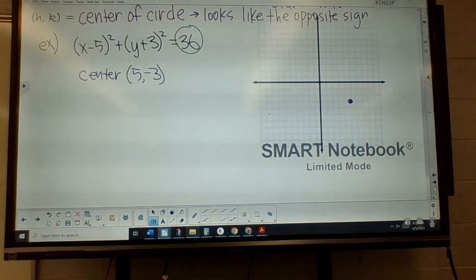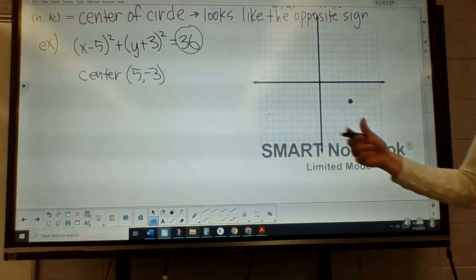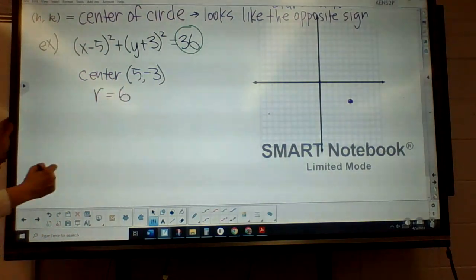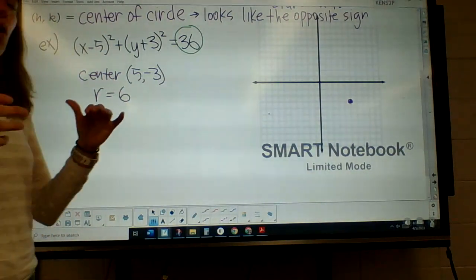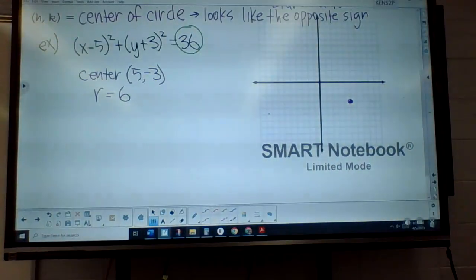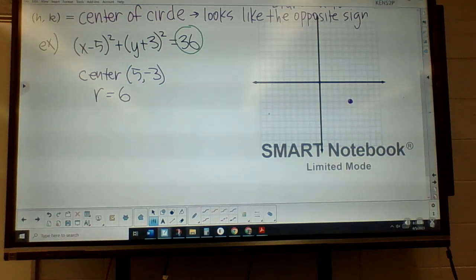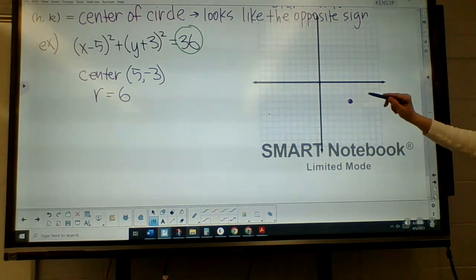There's our center. From there, we said the radius was 6, because the square root of 36 is 6. You can only count up, down, left, and right. You can't go diagonally. So we're going to go up 6, down 6, left and right 6.